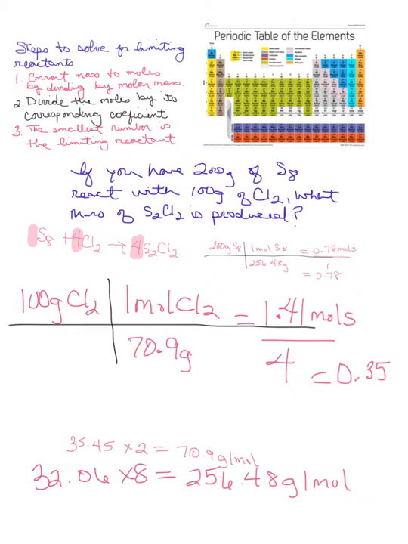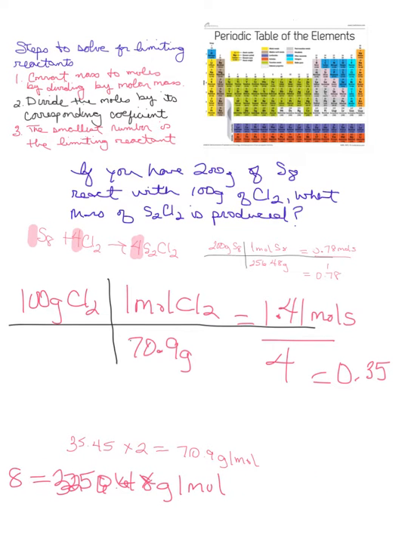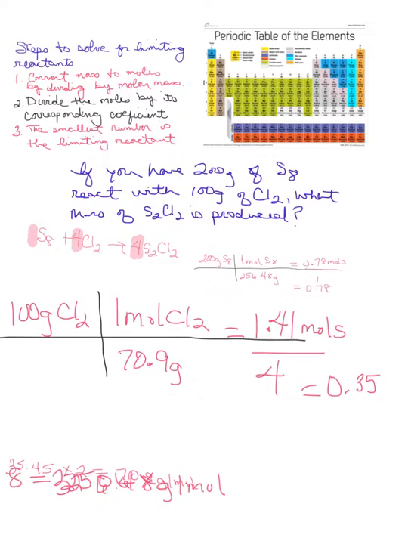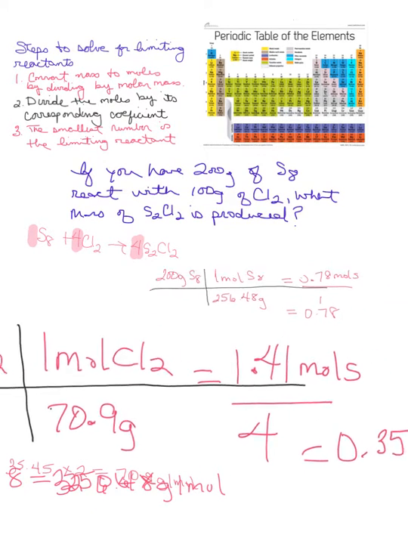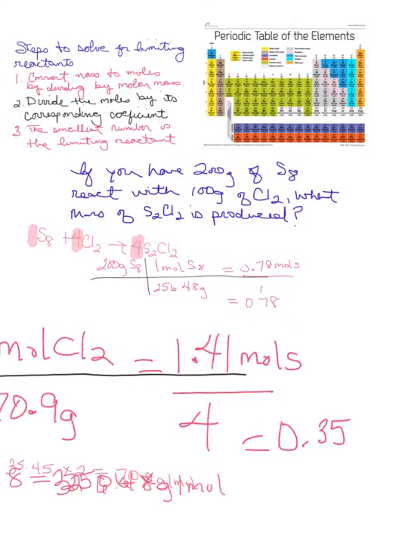Let me see if I can move some of this out of the way and pull my other one back up. We can see it here. When I did my calculation for cyclooctasulfur, I ended up with the number 0.78.